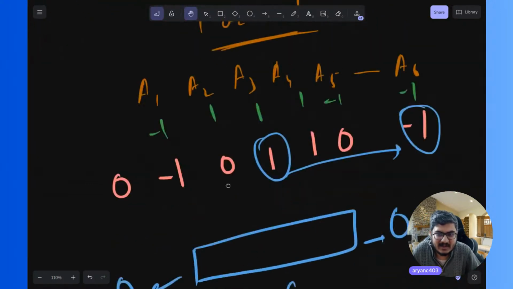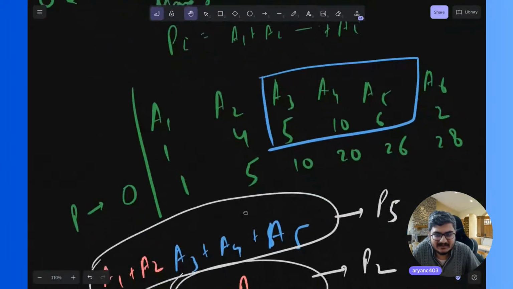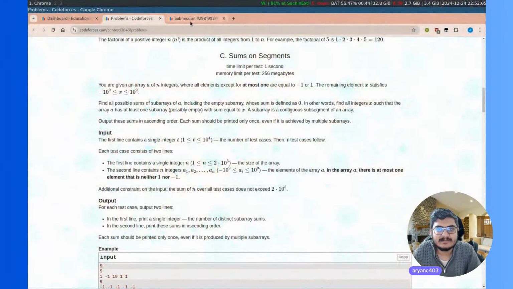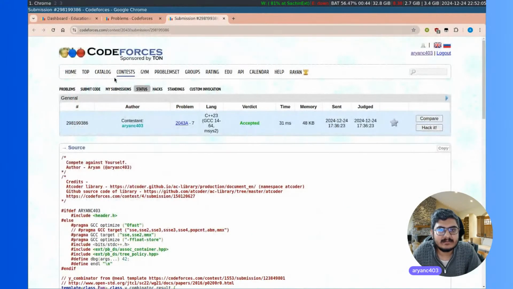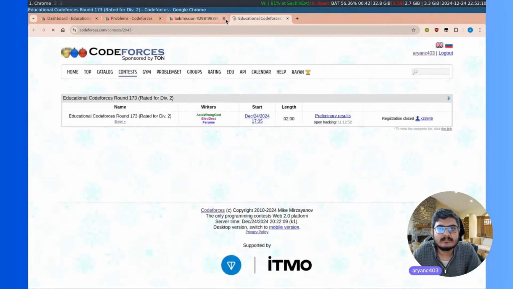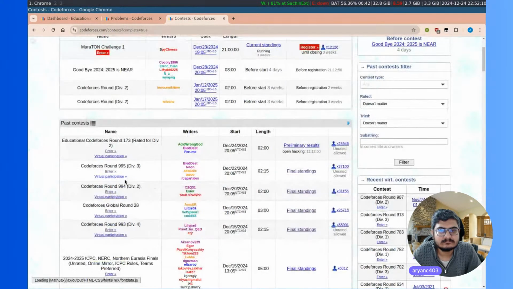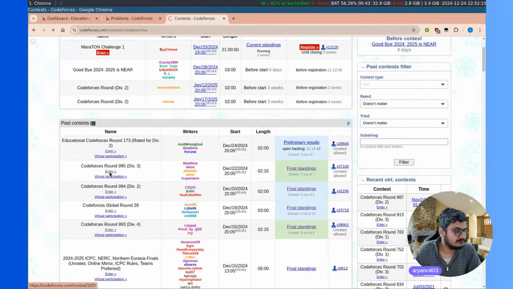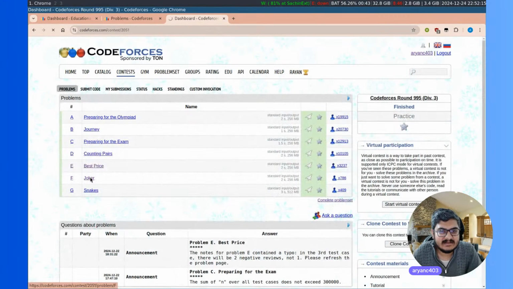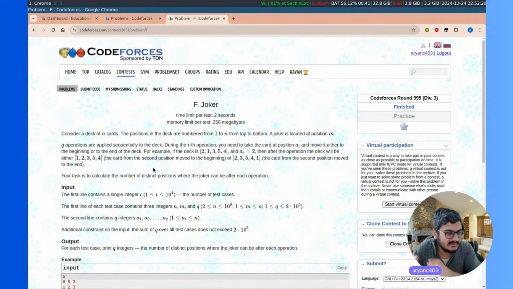And now I will also answer why it's similar to yesterday's problem F. In yesterday's problem F, the solution essentially was that you brute force the idea and you realize that if you maintain the intervals where the joker can be, then there are not more than three different intervals.